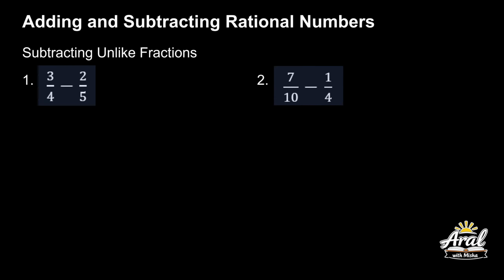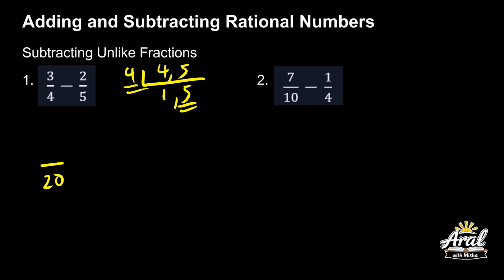Subtraction, unlike fractions, same concept with the adding, you need to have the same denominator. So find the LCM of 4 and 5. So since like you don't have any common factor, so you multiply both. 5 times 4, that's 20. So in order to get 20, 20 divided by 4, that's 5.